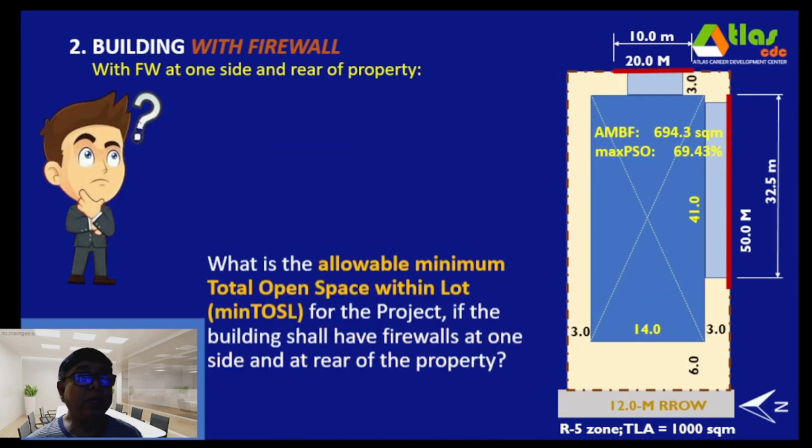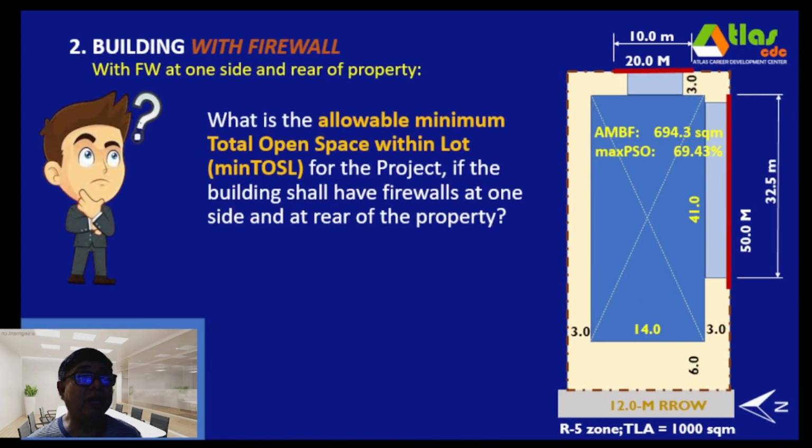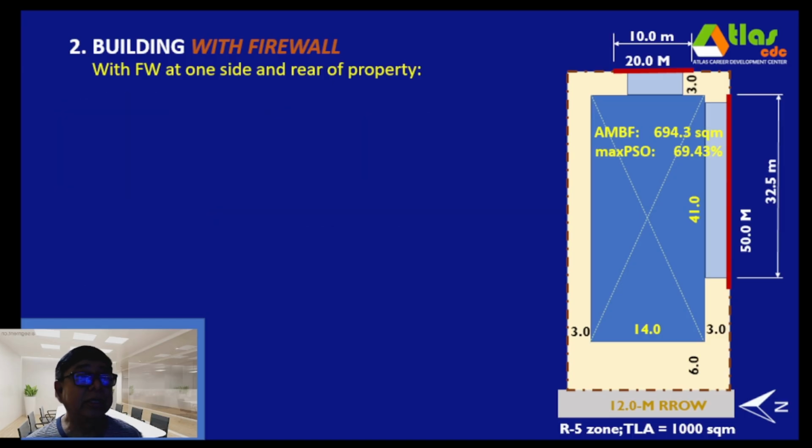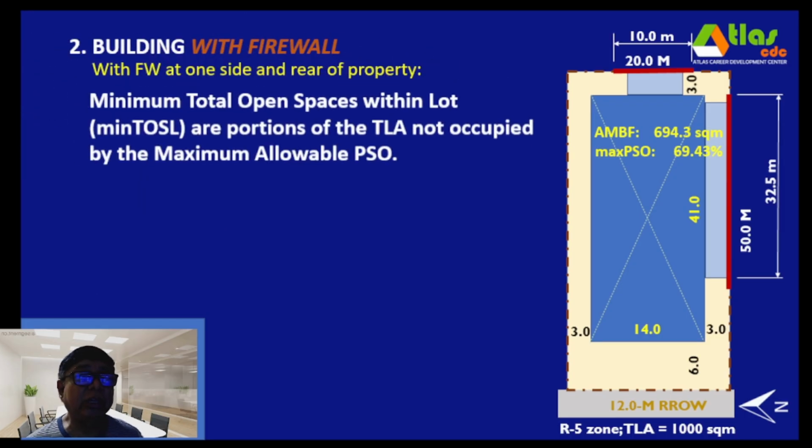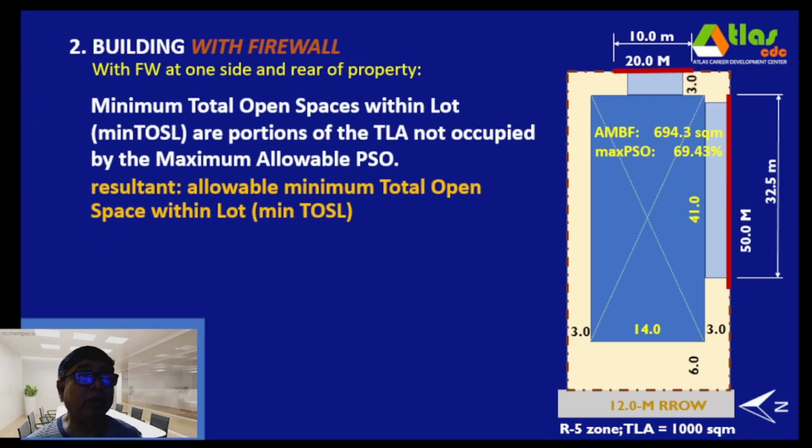So we compute now the allowable minimum total open space within lot for the project if the building shall have firewalls at one side and at the rear of the property. Meron ba mababago? Let us see first. Ito yung ating minimum total open space within lot, which are portions of the TLA not occupied by the maximum PSO.